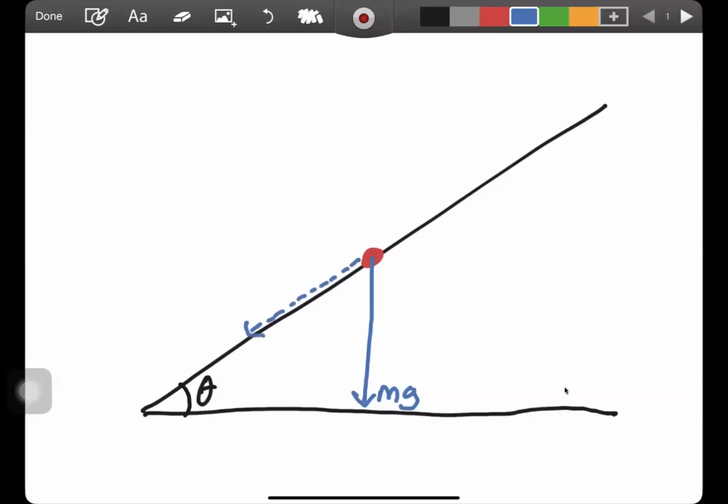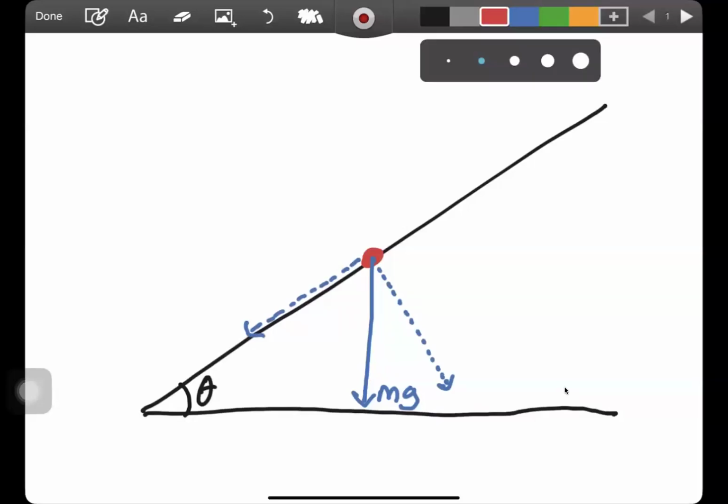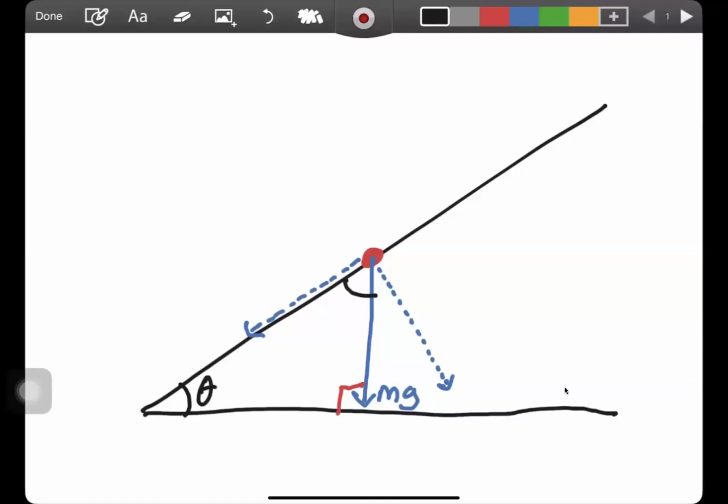And remember, you can take a vector and you can decompose it into two dimensions. You can also think of the gravitational force as having a component that's perpendicular to the incline. So I want to show you a little trigonometry here for how you can decompose these vectors. So this right here is 90 degrees. All right. And so then the question becomes, okay, well, what's this angle right here? So let's call that angle phi.